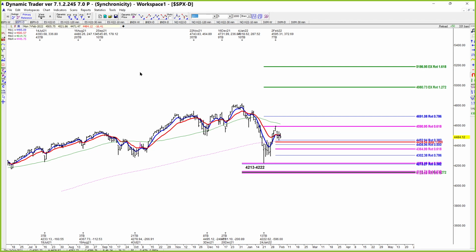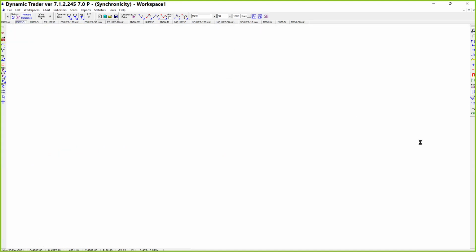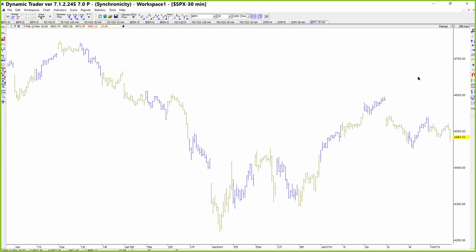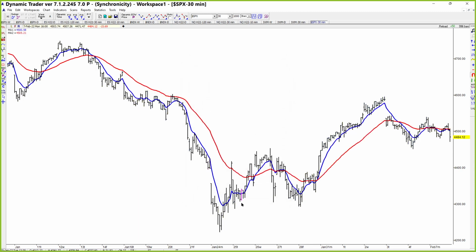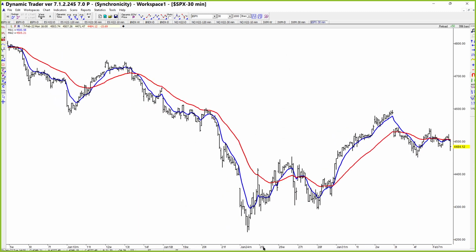For kicks, let's just call up a 30-minute chart, and it'll show you where it triggers. Like I said, you can still use a 15 if you want to be aggressive. So that's 30. Let's go chart, load template. It's the 834 EMA crossover.